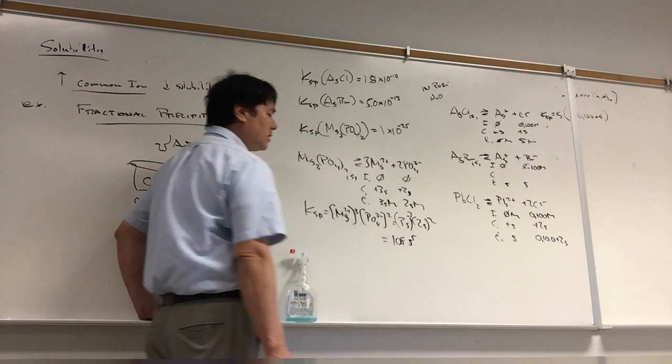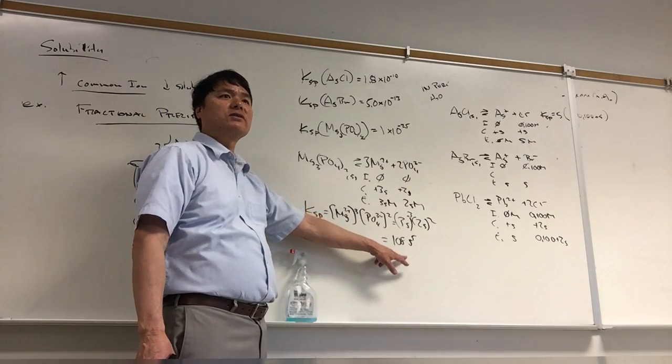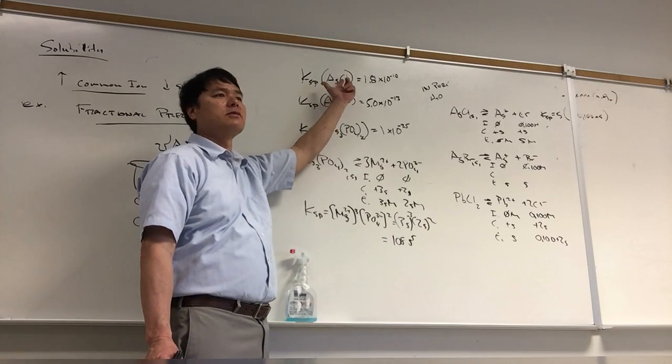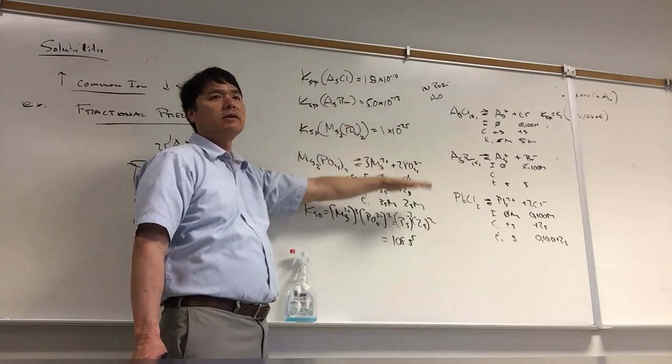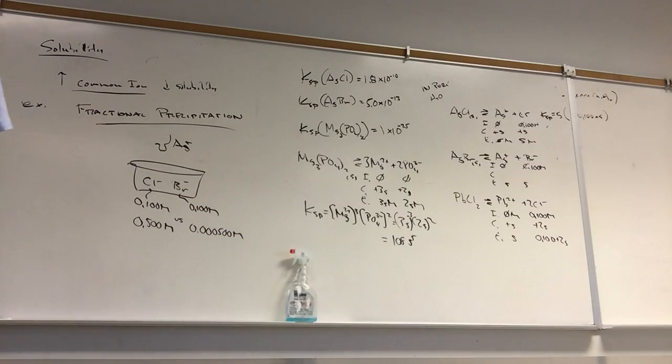And so now all of a sudden, s is a much more complex relationship than in silver bromide and silver chloride. Whenever we're asked the solubility, we have to consider a number of factors. We just don't look at the KSP.